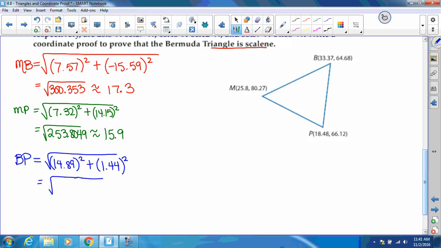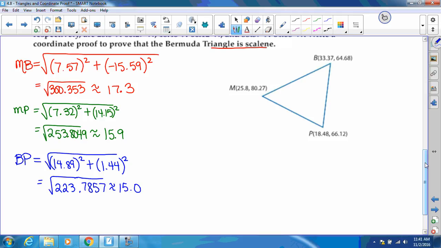Should be 223.7857. So now we're going to square root that, and that's approximately 15.0.